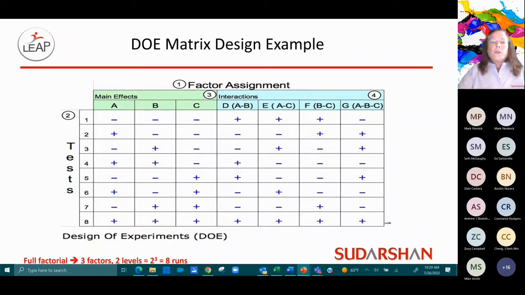Here's a visual example of a DOE matrix with 3 factors, A, B, and C. A full factorial would be 8 runs, 2 to the 3rd. It also allows you to see how to interpret the interaction effect, based on this information.